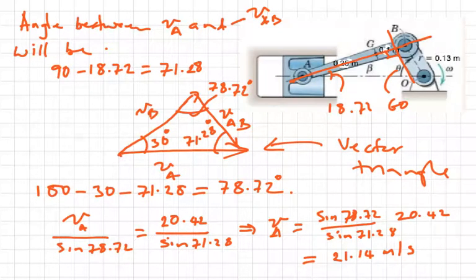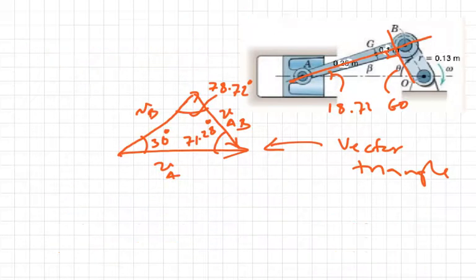Next, we can also find our VAB, which is also unknown, using the same sine rule.